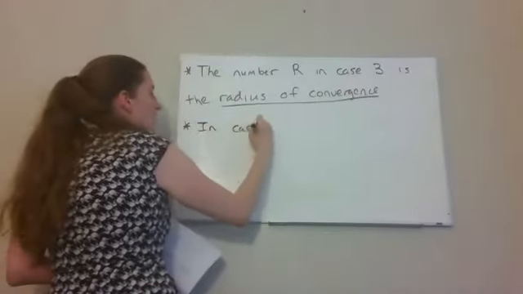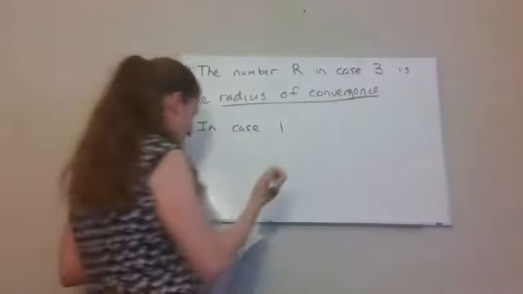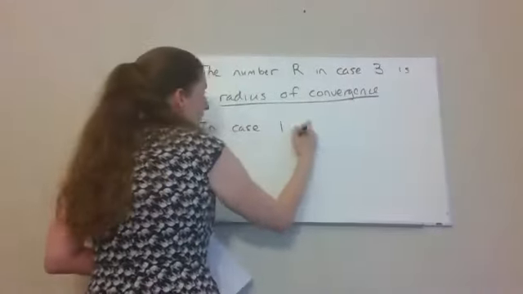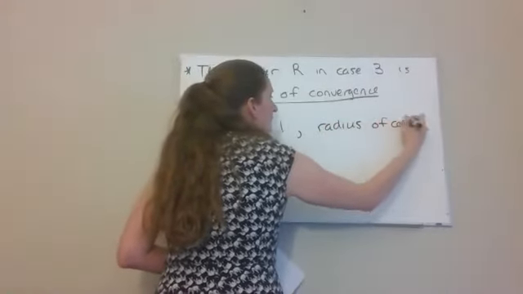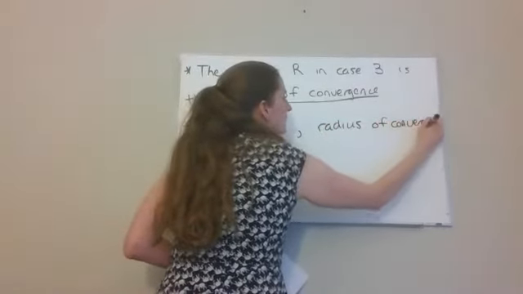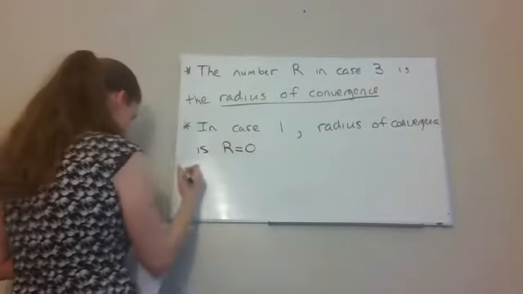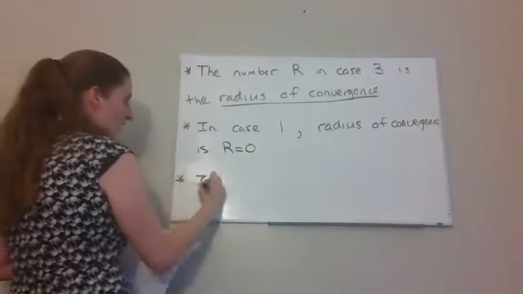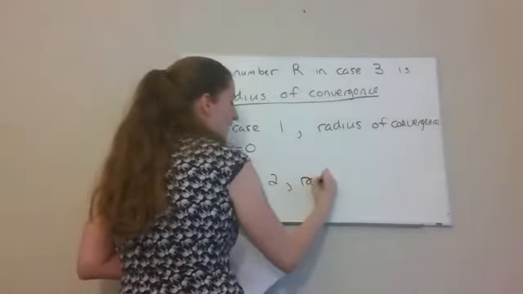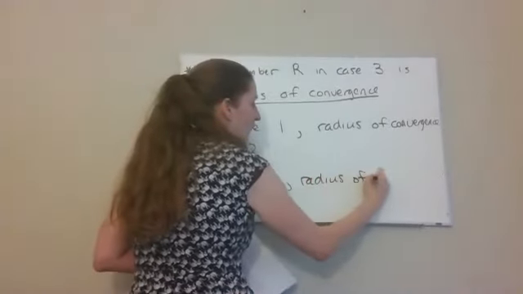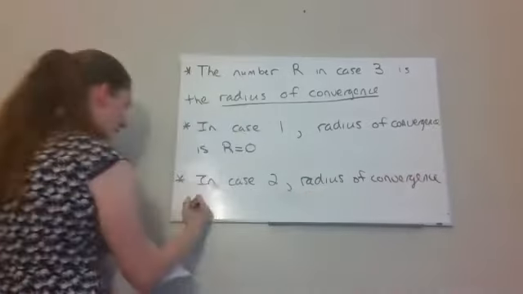In case 1, that's where we just converged at one point when x equals a, we say the radius of convergence is r equals 0. And in case 2, where it converged for all x, the radius of convergence is infinite.